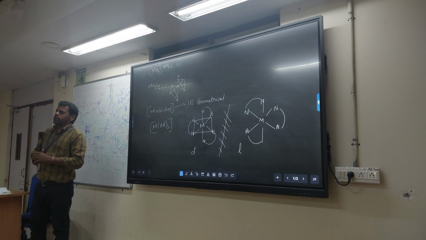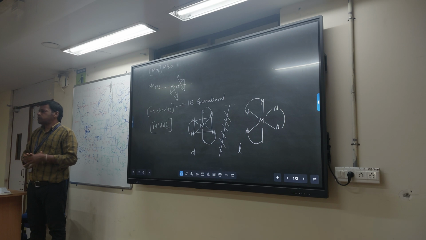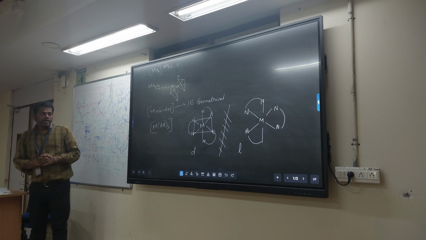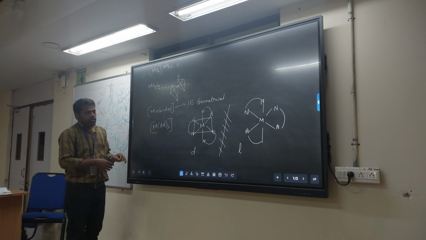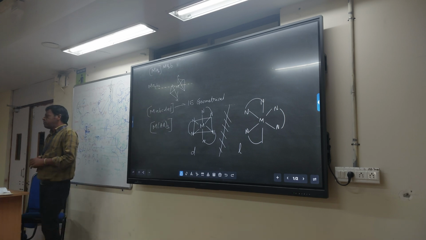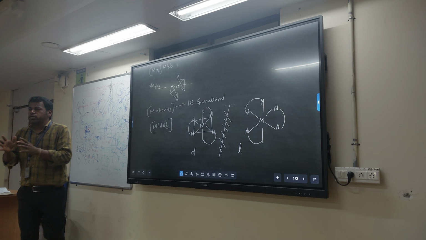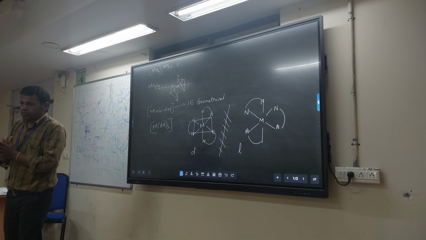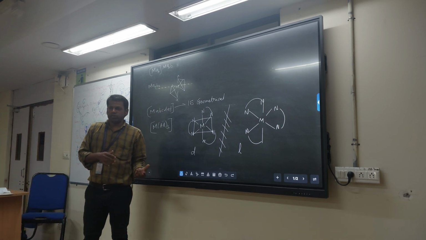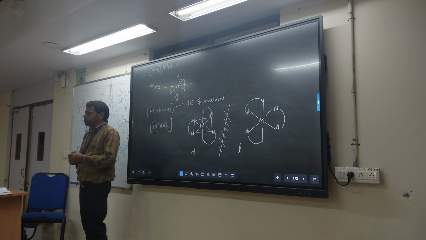The rotation of light in the opposite direction: clockwise means D isomer, anti-clockwise means L isomer. Okay, D and L isomers. So yesterday itself we discussed the conditions for optical isomerism. What are the conditions I gave for optical isomerism? Clockwise means D conformation, anti-clockwise means L conformation.